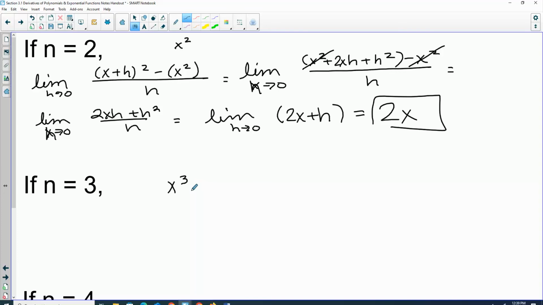So this is x cubed, it goes down: x squared, x, and there's no x's left. H's come from this direction. So this is h cubed, h squared, h, there's no more h's. I showed it to you at the beginning of the year. You can multiply it all out, but we would have x plus h cubed minus x cubed over h.